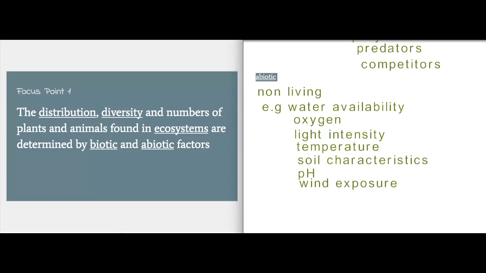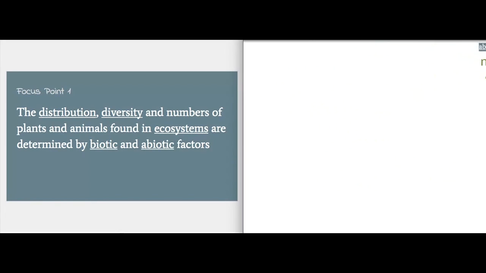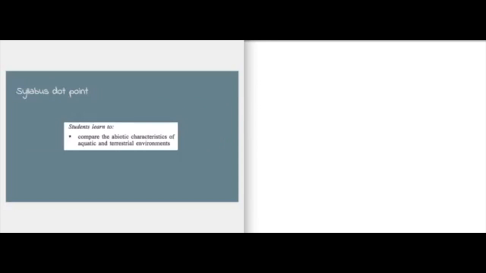Now, abiotic factors can be measured. So, for example, you can measure temperature using a thermometer, and pH can be measured with indicators or a pH meter and probe.